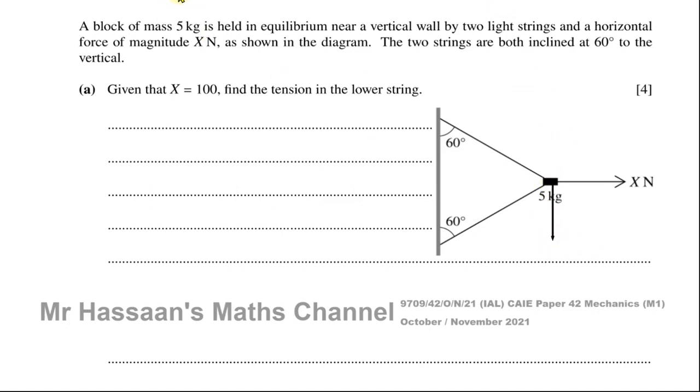The weight of this object is 5g newtons. And we have the tensions in the strings which will be acting in relation to the object towards the wall. They're 2 separate strings, so the tensions will be different tensions. I'll just draw them like this.